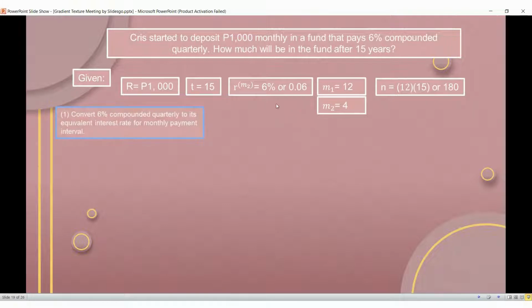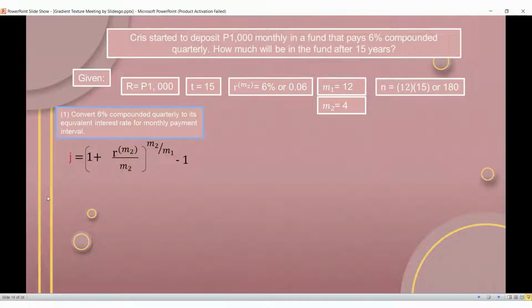So first step muna natin gagawin ay hanapin yung j. Convert 6% compounded quarterly to its equivalent interest rate for monthly payment interval. So ito yung formula ng j.